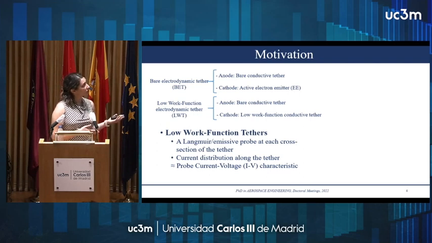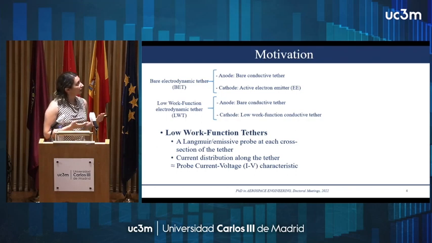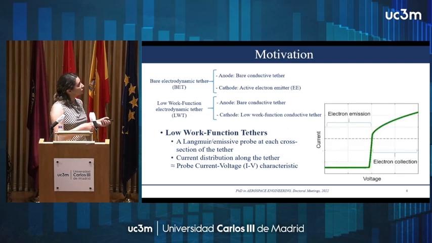In low work function tethers, or LWTs, each cross-section of the tether from the anodic part to the cathodic part can be considered as a long mirror or emissive probe. So the current distribution along the tether can be seen as a current voltage characteristic of the emissive probe.